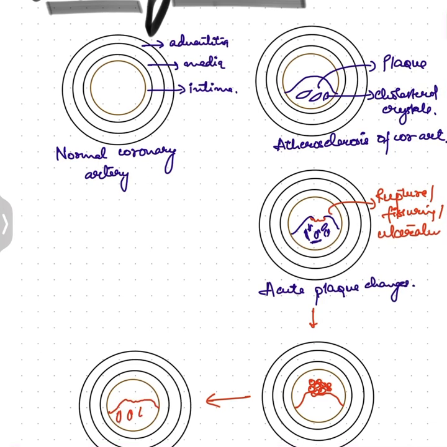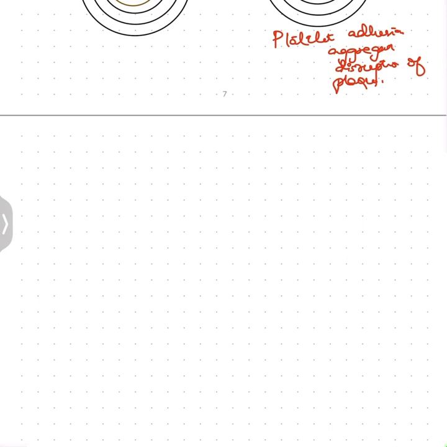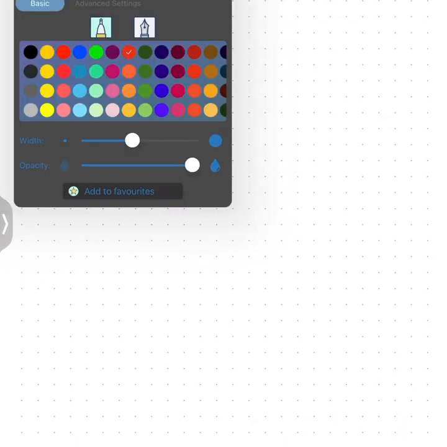Alright, you have the plaque contents. You can see that there's this thrombus which has formed over the plaque. So there's formation of occlusive thrombus.